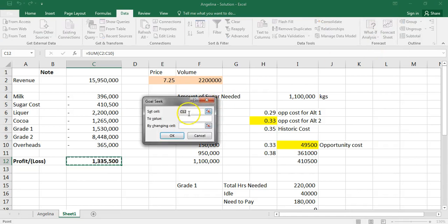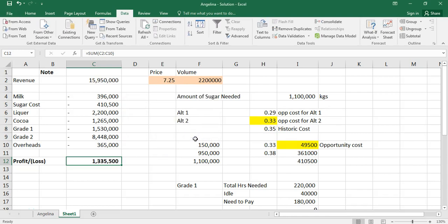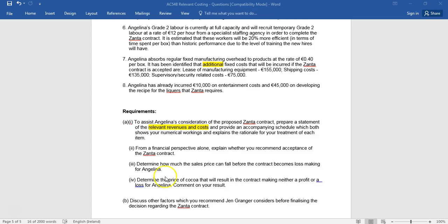You want to set your result cell to 0 because we want the profit to be break even, which is 0, and we change cell E2, which is our price input cell. So that's our raw input cell, our assumption, and the answer is 664. All right, so 3 different methods there. Any one of them, of course you can't do option 3 in the exam because you won't have the benefit of Excel, but any of them are fine.